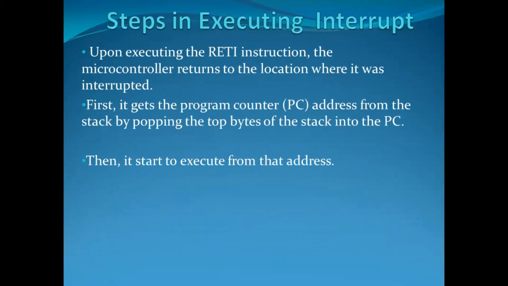Upon executing the RETI instruction, the microcontroller returns to the location where it was interrupted. First, it gets the interrupted program counter, that is the PC address, from the stack by popping the top bytes of the stack into the program counter. Then it starts to execute from that address.